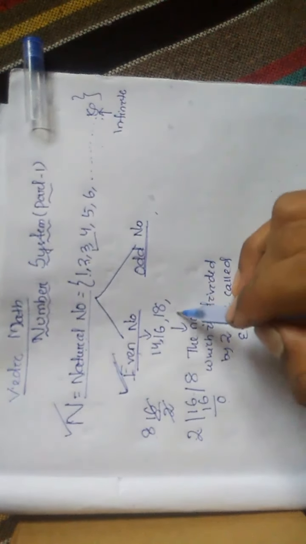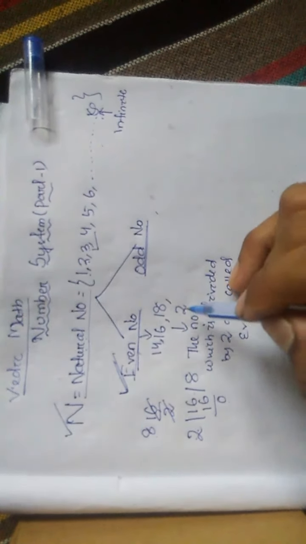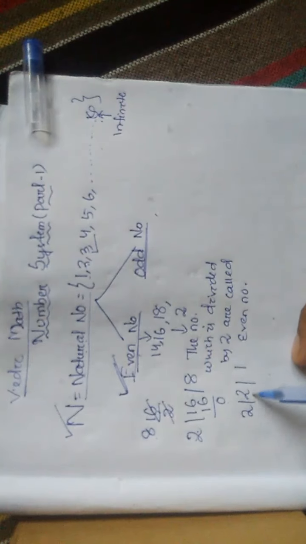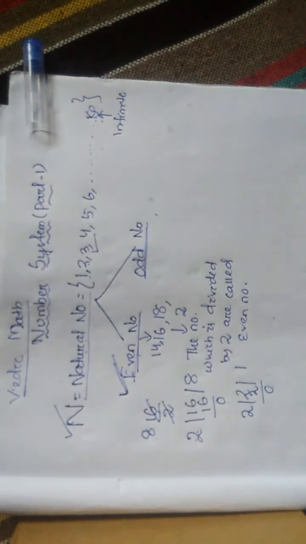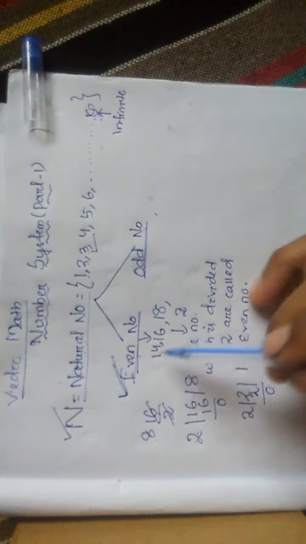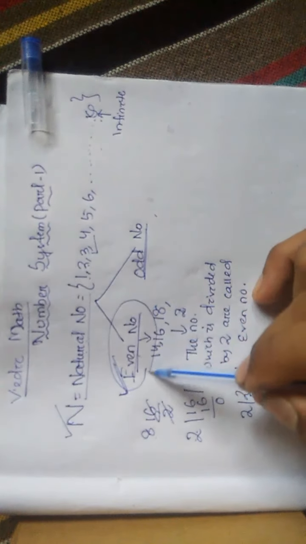We can take the example of 2. Yes, 2 is also divided by 2, because 2 1s are 2, the remainder is 0. That means 2 is also an even number. Now it is clear what is even number.